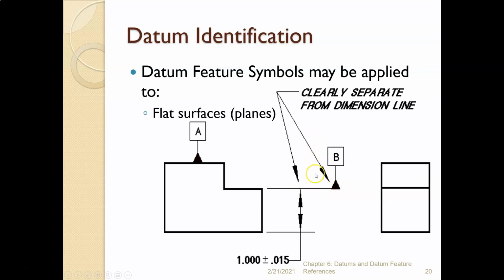Now here, we want to remember, we must clearly separate it from the dimension line, right? There's the dimension line right there. Putting this little triangle over the dimension line, opposite the arrow, means something entirely different. So you've got to keep that away from the arrow when you're talking about datum features.